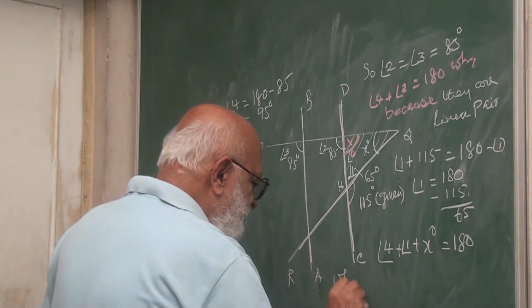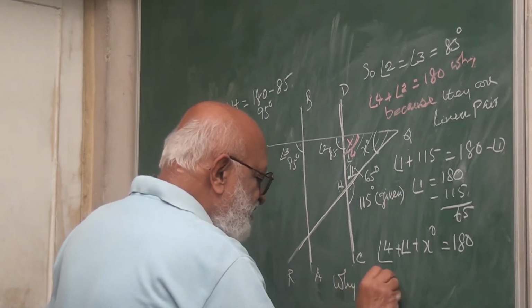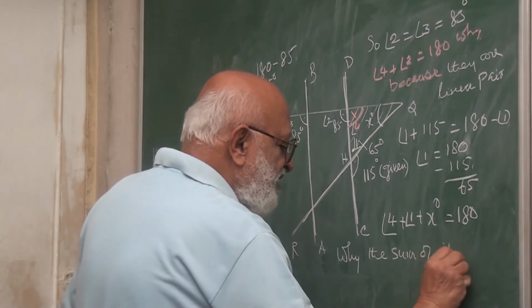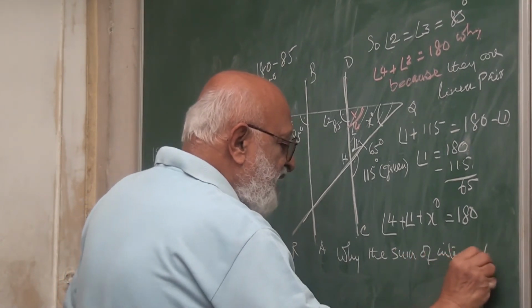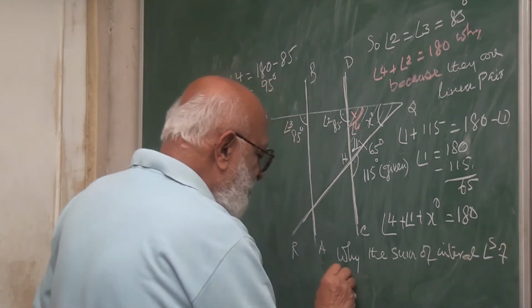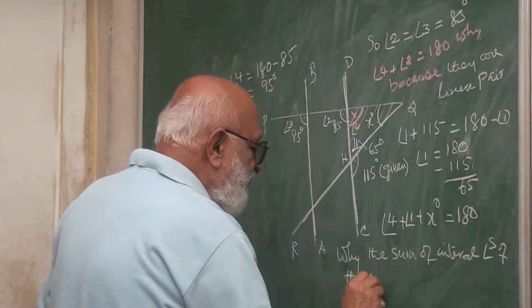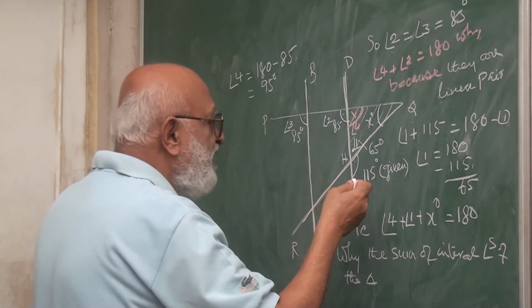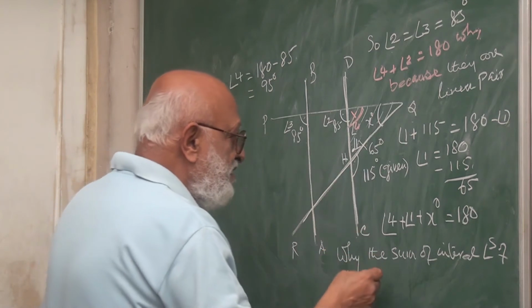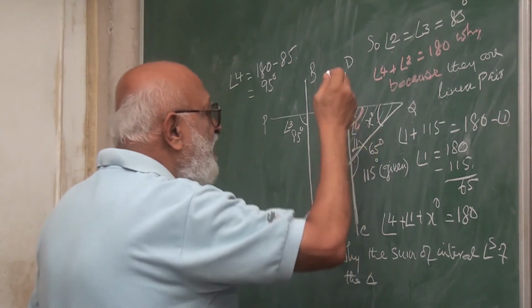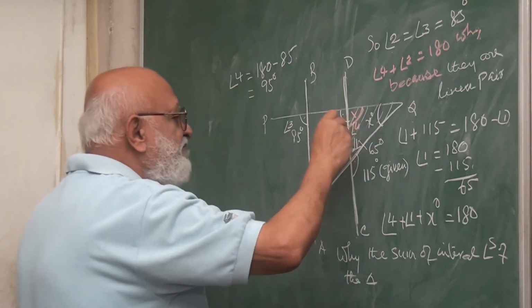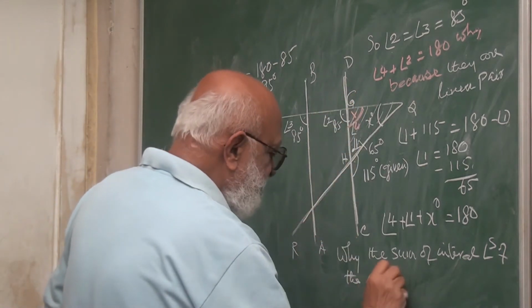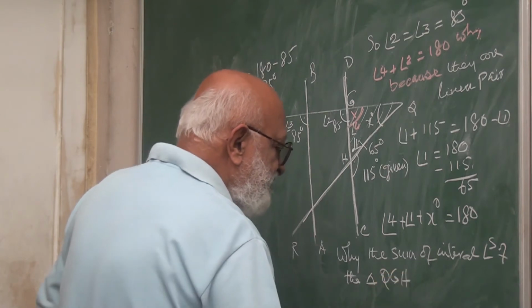Again, the sum of internal angles of the triangle, this triangle. How do I call it? Let me put C, D, F, let me put it G. Okay? Q, G, H.